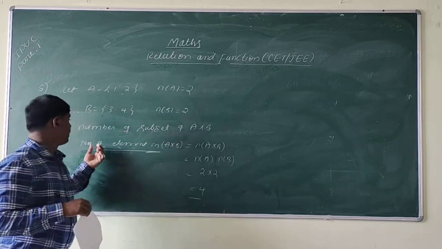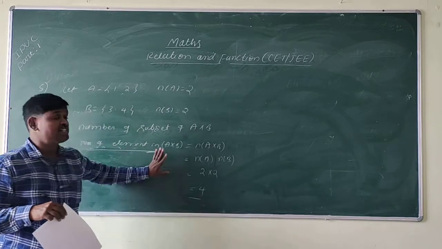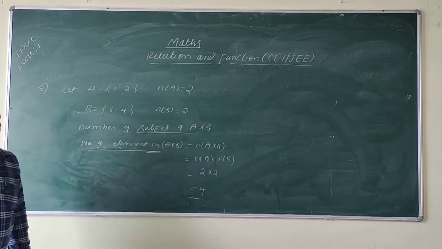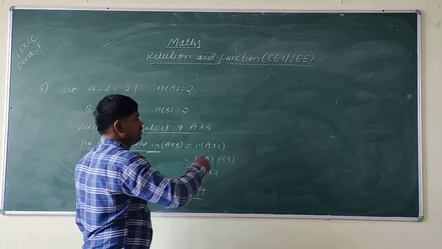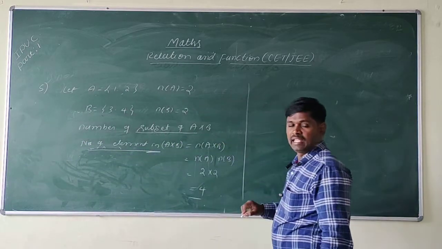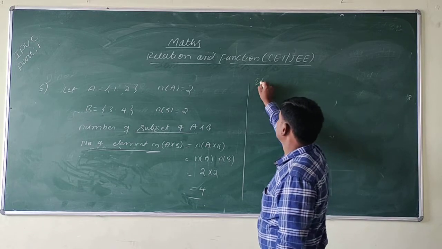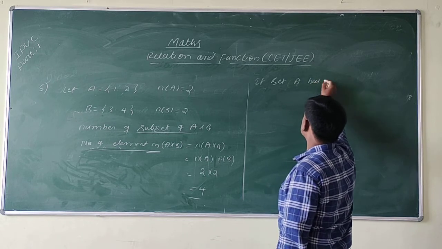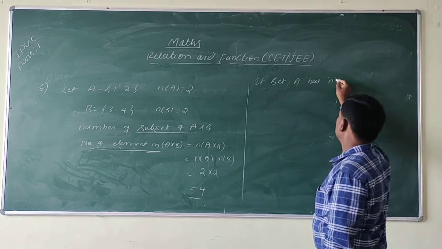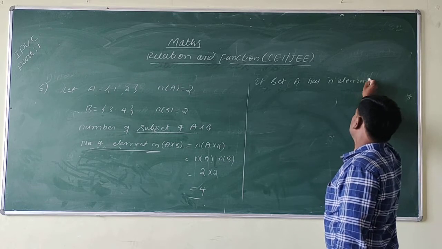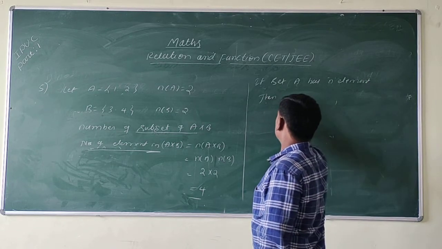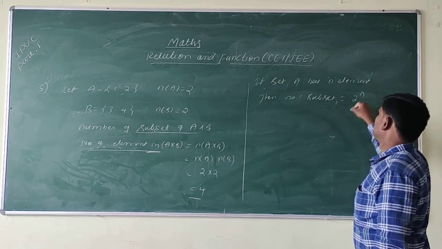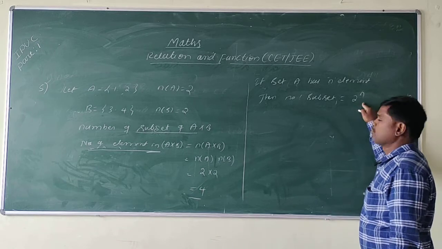They are not asking for the number of elements in A cross B, they are asking for the number of subsets of A cross B. So we have a formula: if a set A has n elements, then the number of subsets is 2 to the power of n.